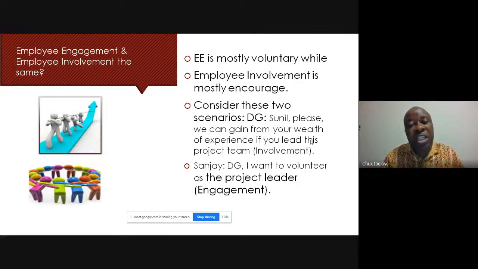employee engagement, that is EE, is mostly voluntary. That is one of the things that appealed to me in all discussions about employee engagement. That separates it from employee involvement.